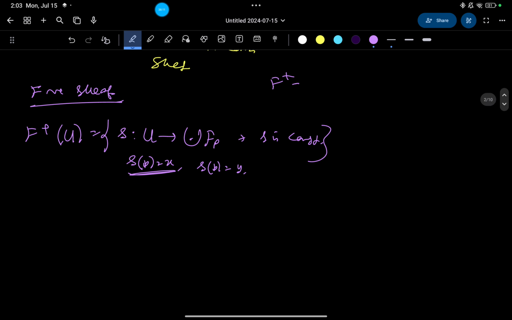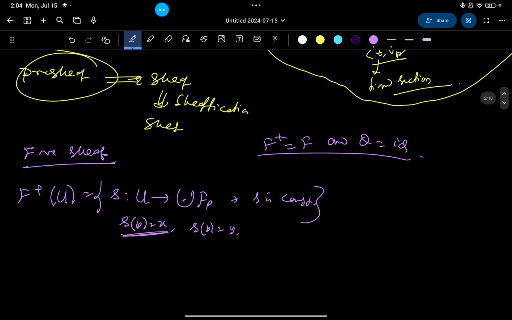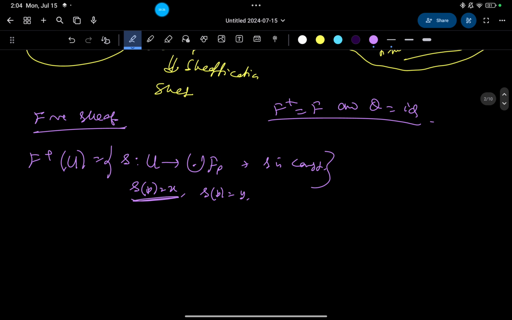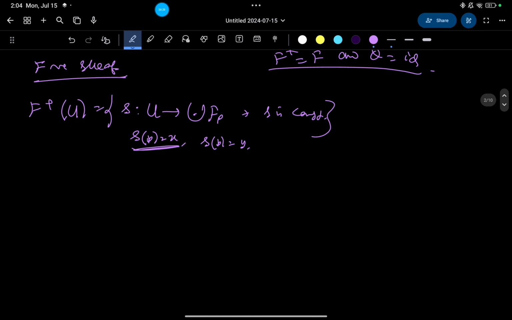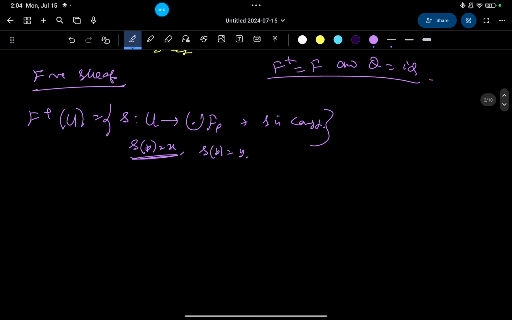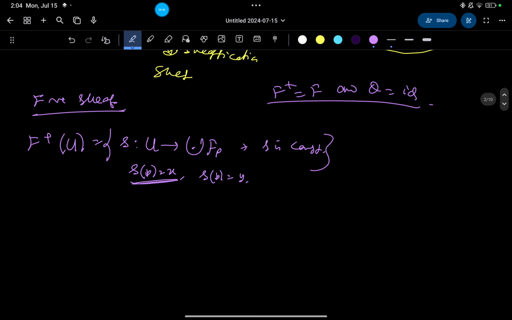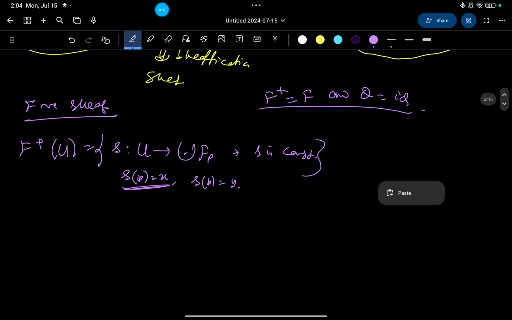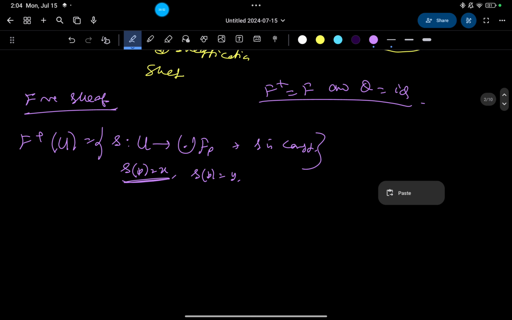So in that case F plus is nothing but F and theta the identity, and it is unique as you have F fixed. But if it is not a sheaf, in that case we have to sheafify these things. In algebraic geometry, mostly in sheaves of modules or formal schemes, whenever I consider any presheaf and later say that it is working as a sheaf, I am sheafifying that thing. Sheafification more or less does not change the open sets. Actually this basically takes care of the gluing property and locality to make it a sheaf.